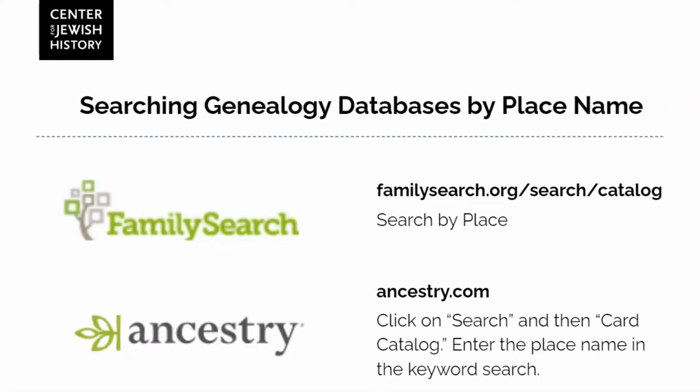On FamilySearch.org, you can do so by going to their catalog page and searching by place, and on Ancestry.com by clicking on Search near the top of the page, and then Card Catalog, and then entering the place name in the keyword search. So I'm going to show you what that looks like on FamilySearch.org.